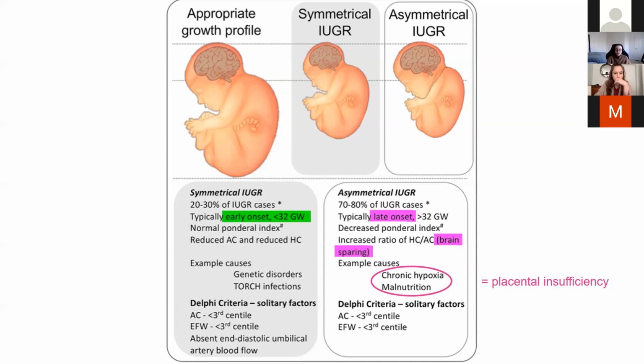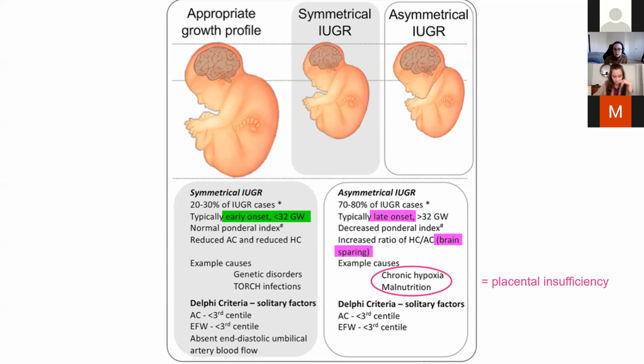The main causes of this are genetic disorders and TORCH infections, but symmetrical IUGR is actually less common than asymmetrical IUGR. Asymmetrical IUGR occurs later, so after 32 weeks of age, and it's usually the one that's due to placental insufficiency. So it occurs later, the placenta's run out of steam, or there's been other things that are contributing to the placenta not being able to work.